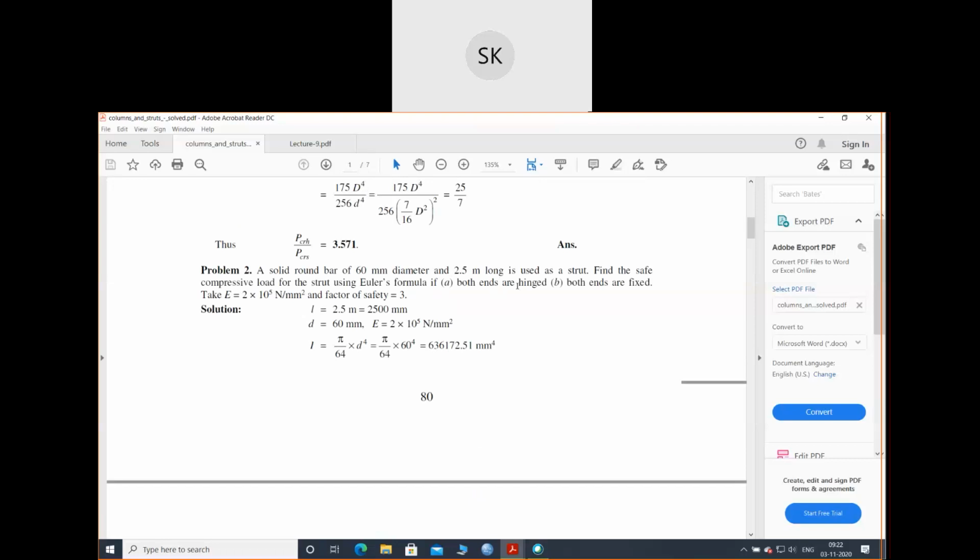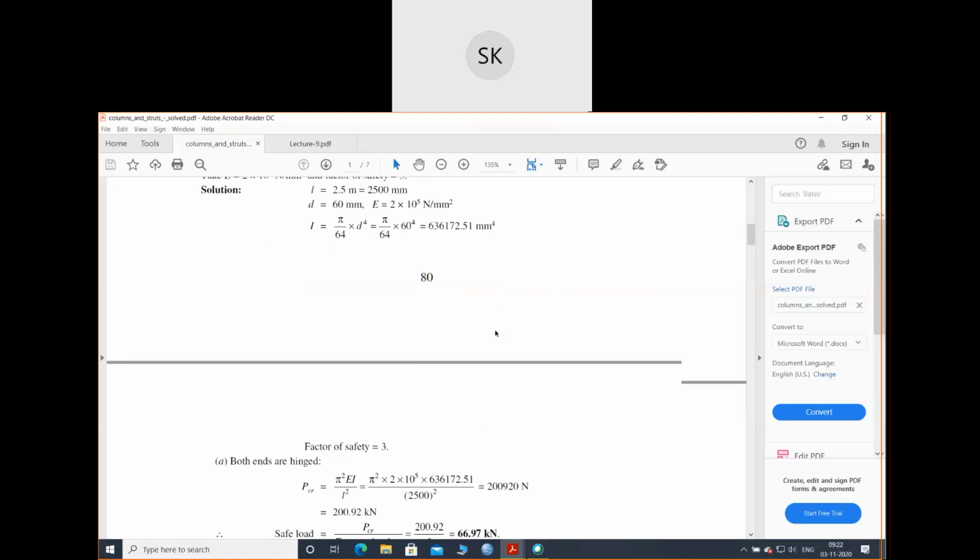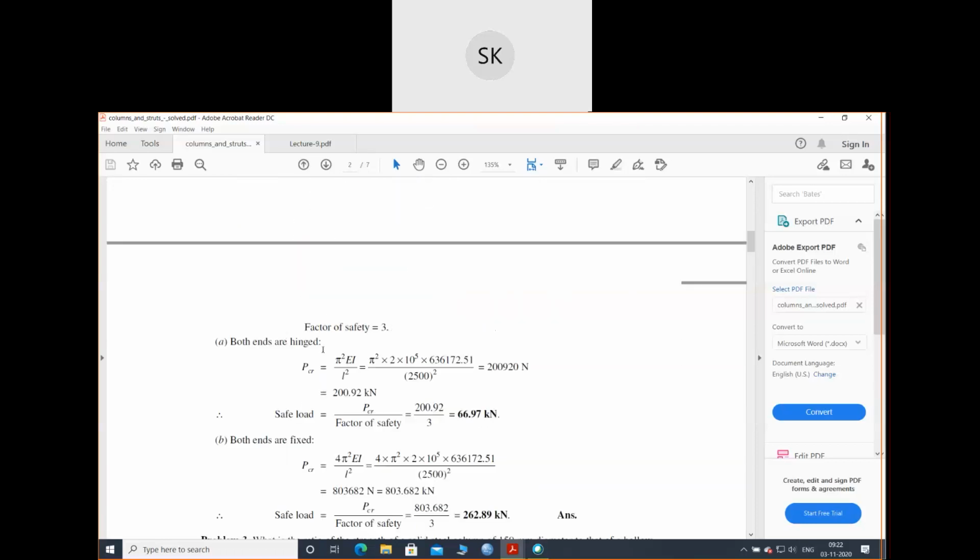Then I'll use these conditions. What are the conditions given? Number one is both ends hinged. Second condition is both ends fixed. So what will be the effective length for both ends hinged?